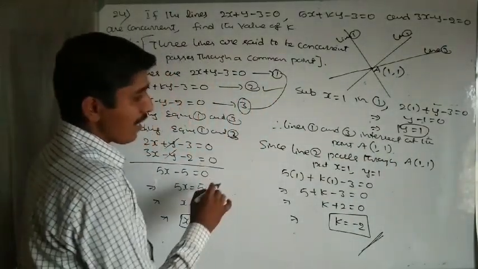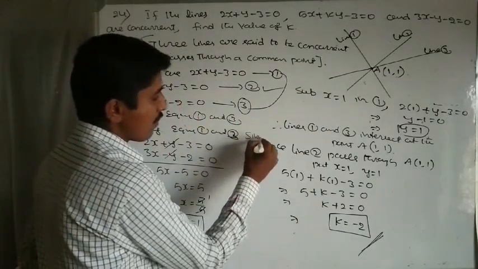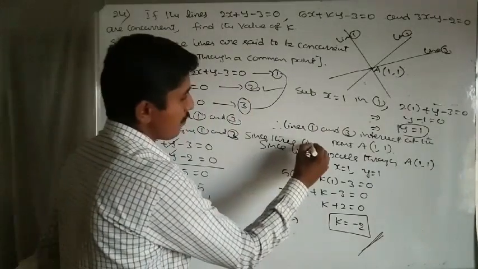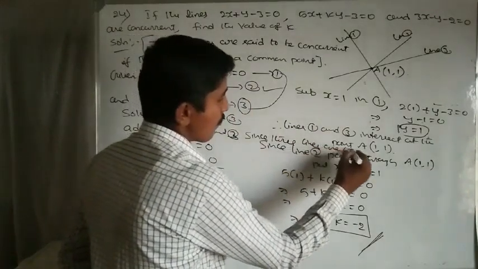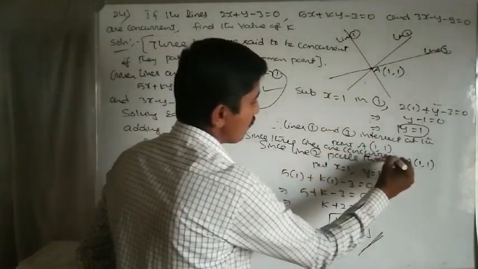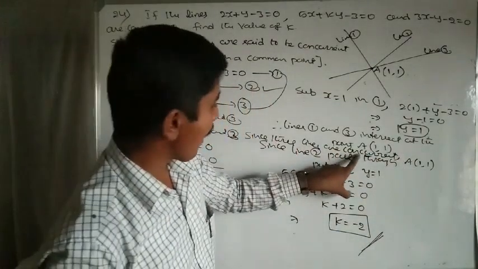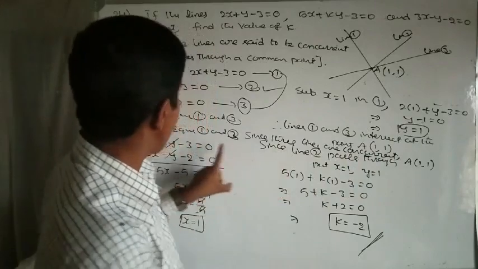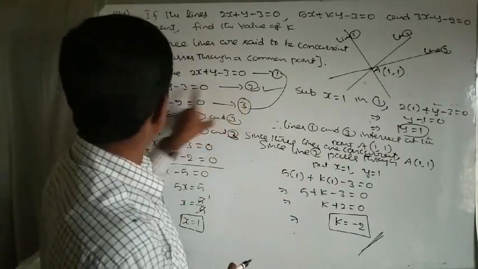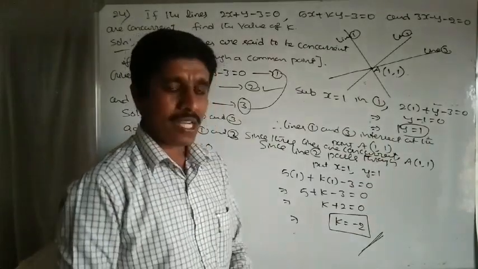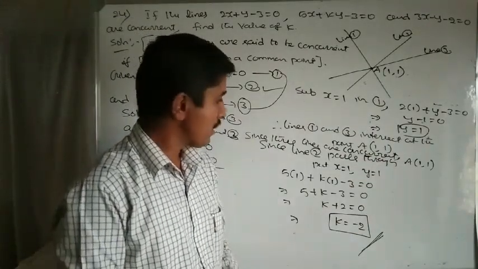Clearly, since three lines are concurrent, line 2 also passes through the same point (1, 1).